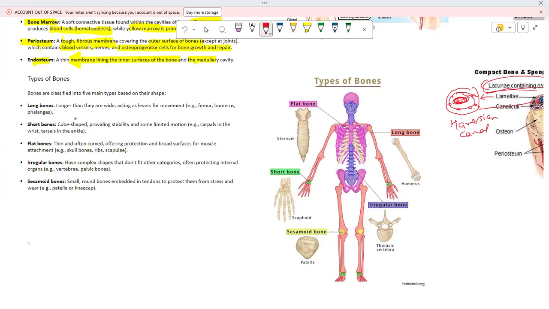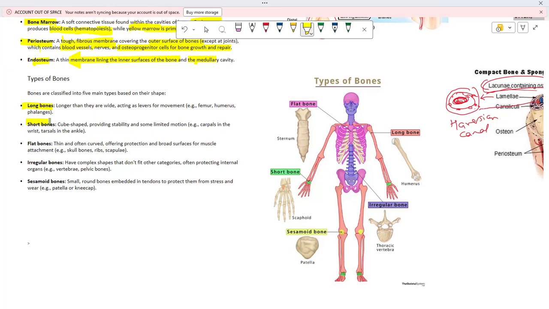So the long bones are longer than they are wide. They act as levers for movements. Example, femur, humerus, and phalanges. All right. So the thigh bones, the bones in the arm, and then the fingers. They are known as long bones because they are several times longer than they are wide.